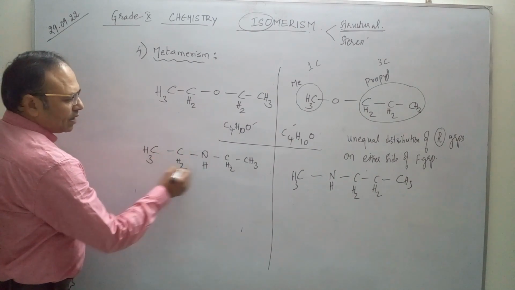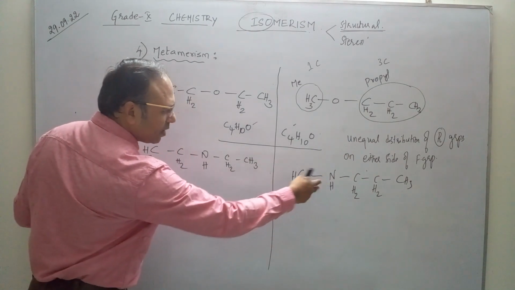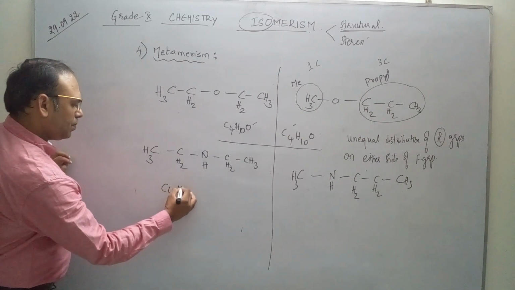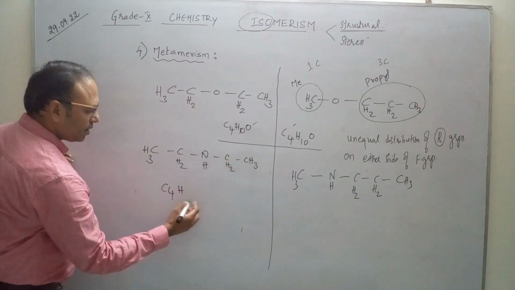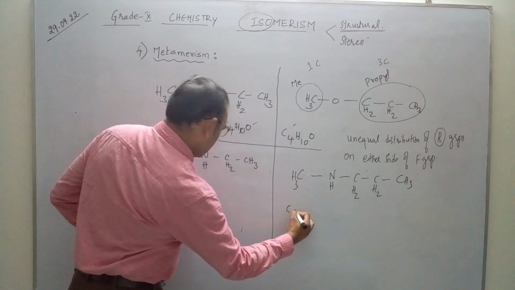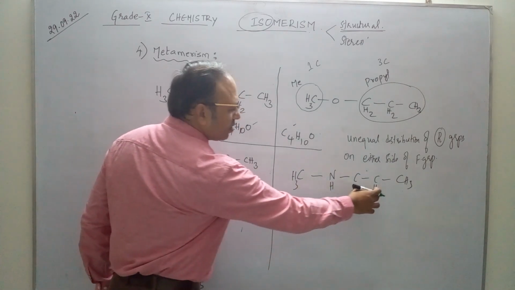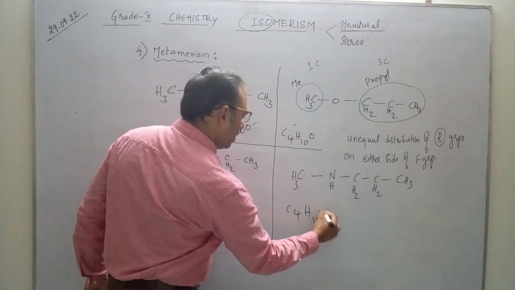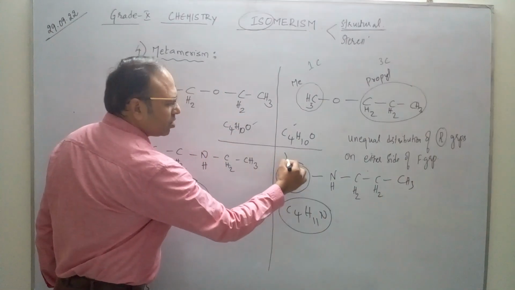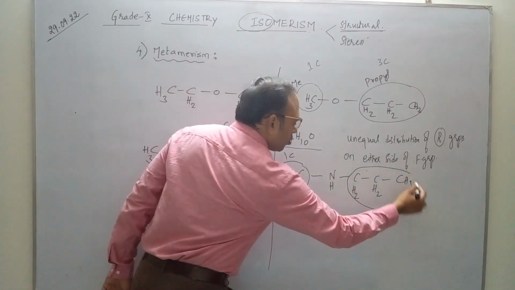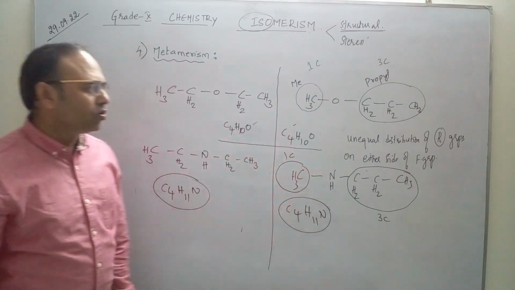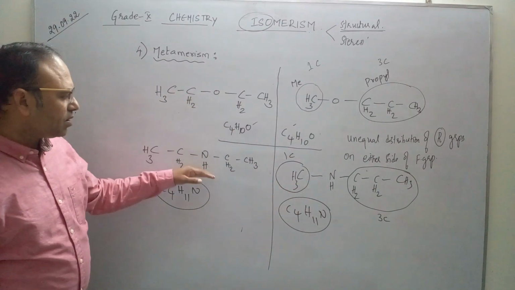In short, you can say diethylamine, and methyl propyl amine, common names. So now here we have C4H11N. And this one is C4H11N. Now both have the same molecular formula, but unequal distribution of alkyl groups on either side of the functional group. So first one is ether, second one is amine.